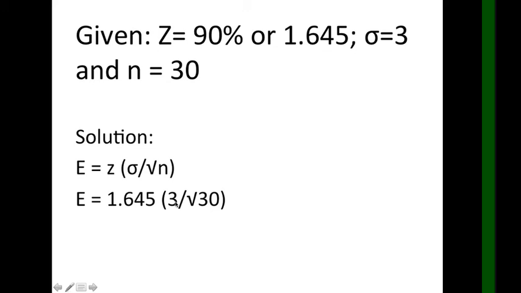First, write on your calculator 3 divide square root of 30, and then click equals. After that, multiply by 1.645. Click equals, and you will get 0.9010.